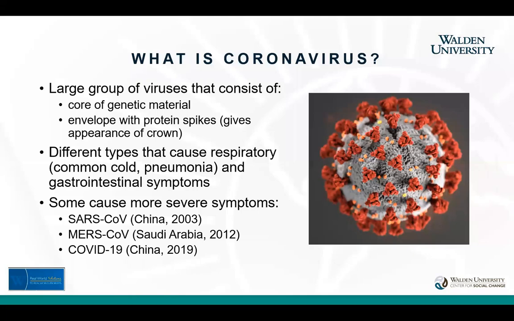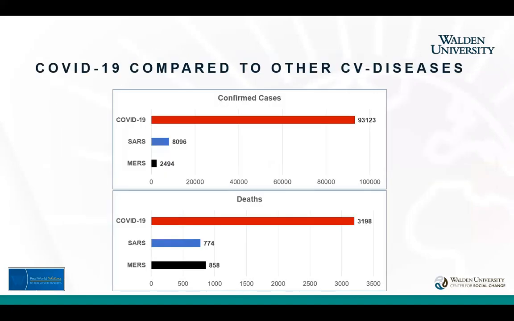Some of the more famous outbreaks we've seen was the severe acute respiratory syndrome coronavirus in China in 2003, the Middle East respiratory syndrome coronavirus in Saudi Arabia in 2012, and then this one now is called COVID-19, because it started in China in 2019. Next slide, please.